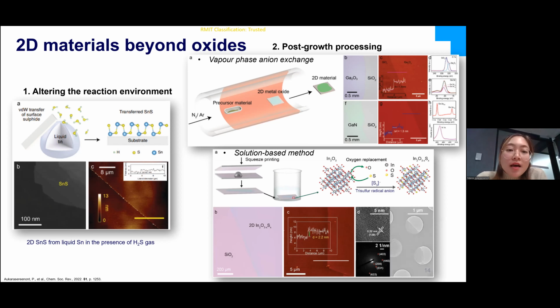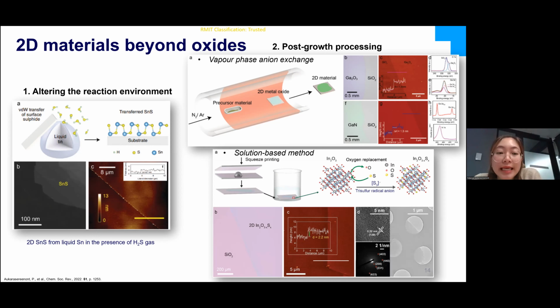The second post-growth processing you can have a look at is a solution-based method. It has been investigated here, where indium oxide was converted into indium oxysulfide.